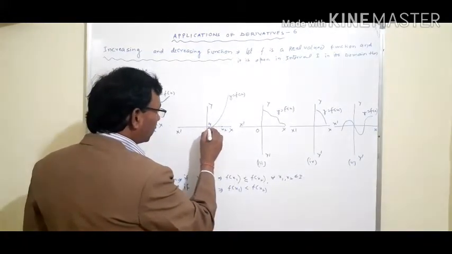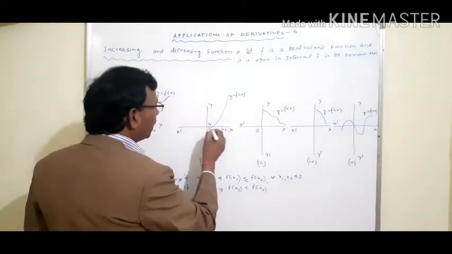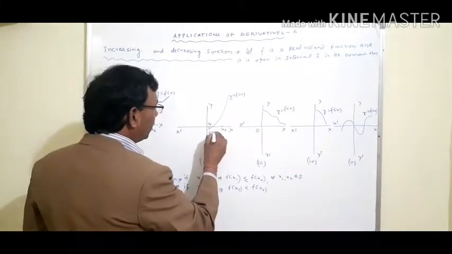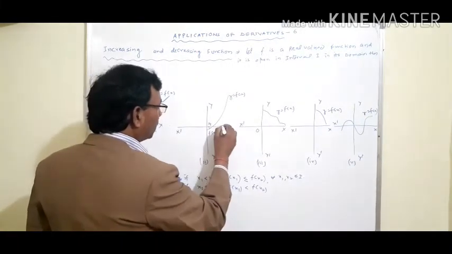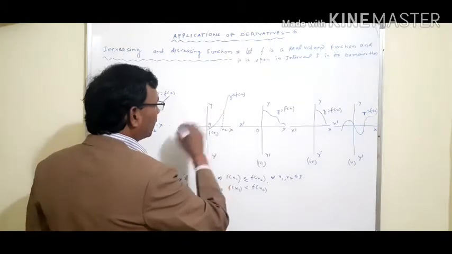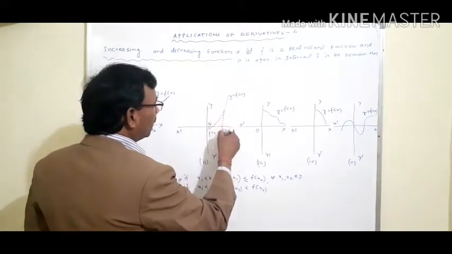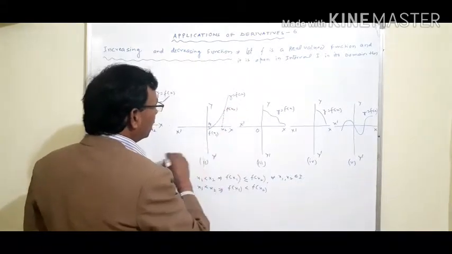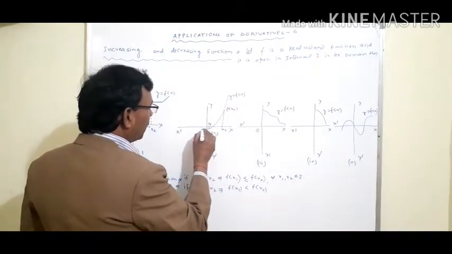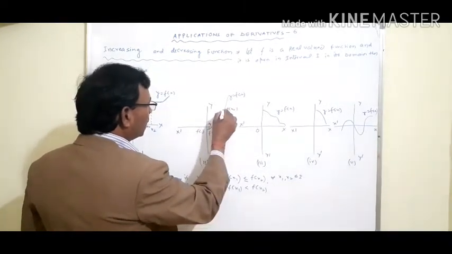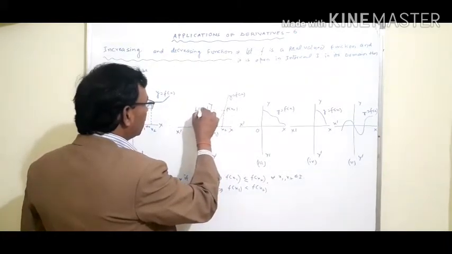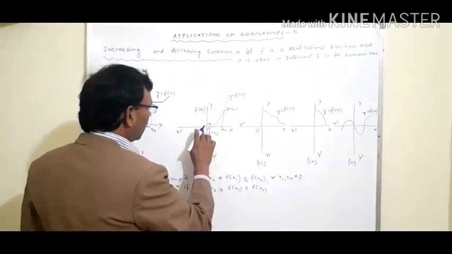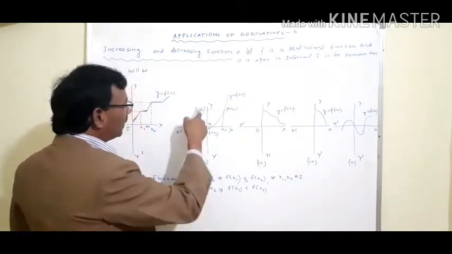On the value of x1, the value of function will be f of x1. And on x2, the value of function will be f of x2, which is f of x1 is less than f of x2.